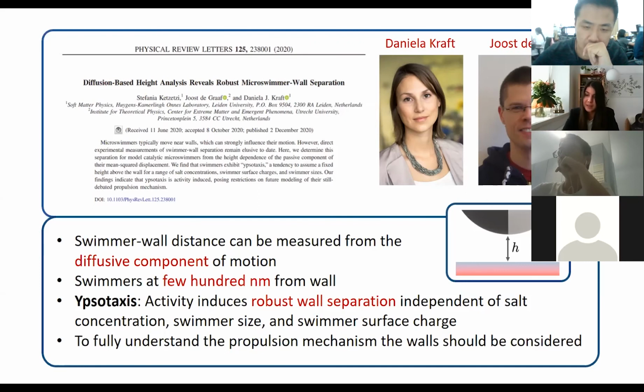I think doing 3D measurements would be a good next step to understand better what is happening. Our work puts forward that the main contribution could still be diffusiophoretic, if the wall can cover for this reduction that we see in the speed. Okay, I see.